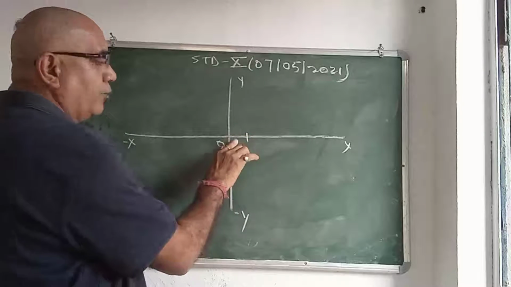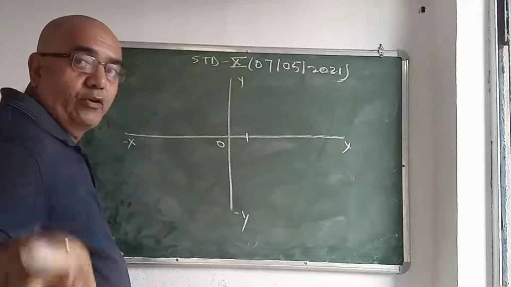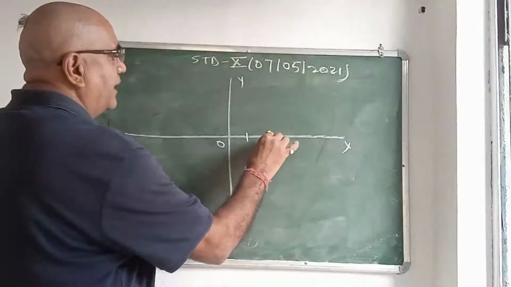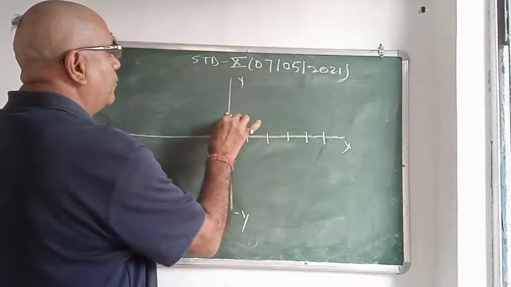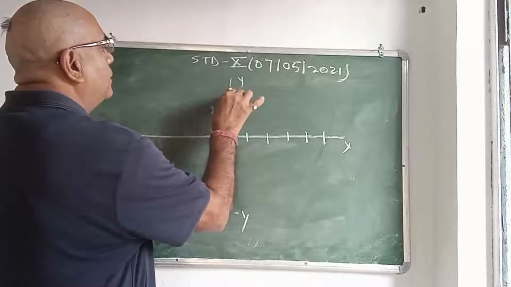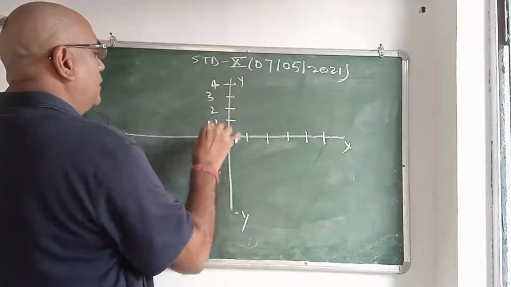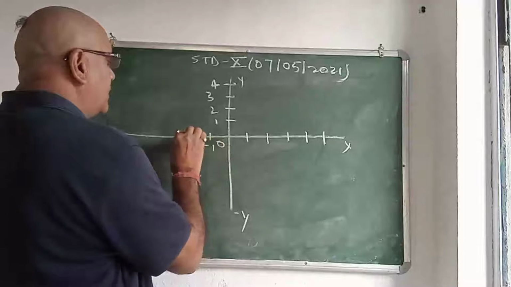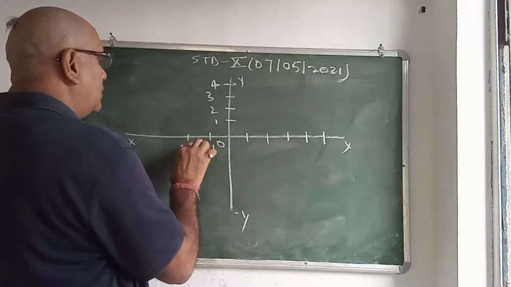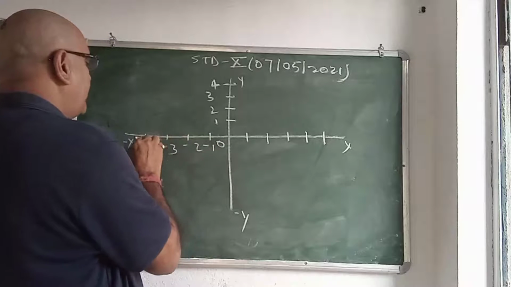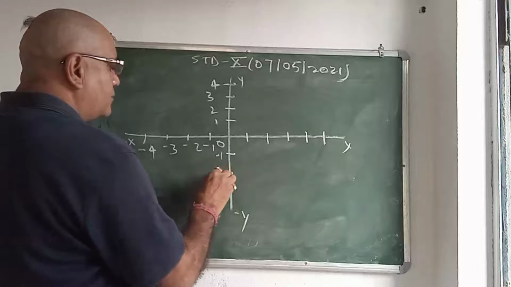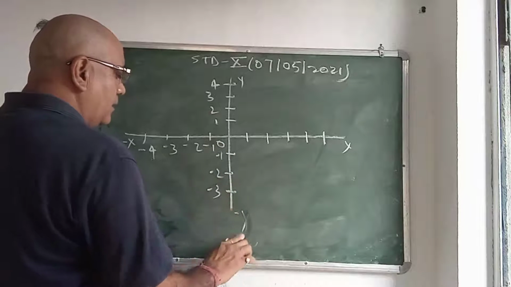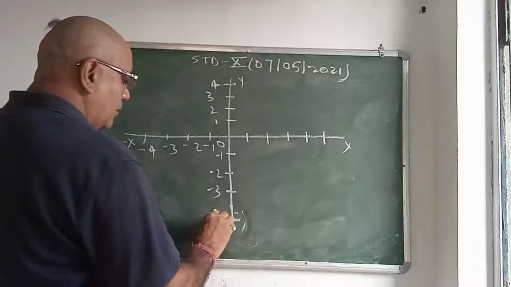One house is divided into 10 small divisions. Here 1, 2, 3, 4, 5. Here also 1, 2, 3, 4. This side minus 1, minus 2, minus 3, minus 4. This one minus 1, minus 2, minus 3, minus 4.